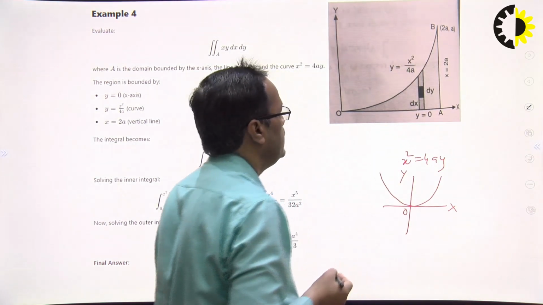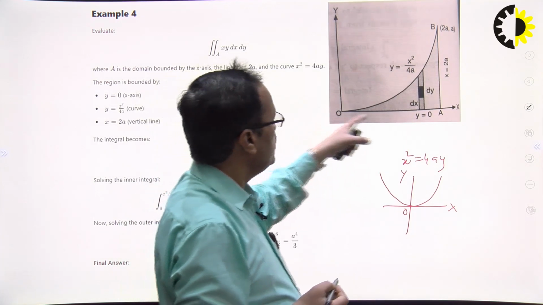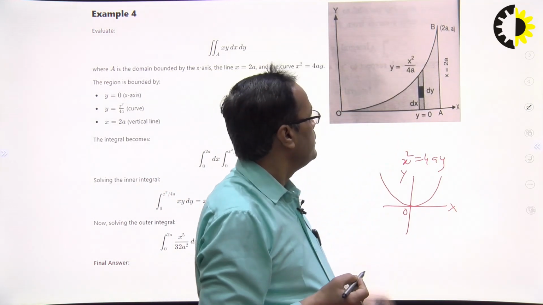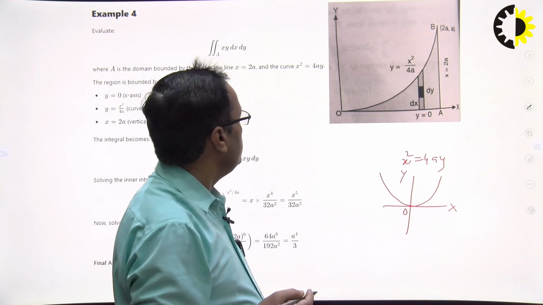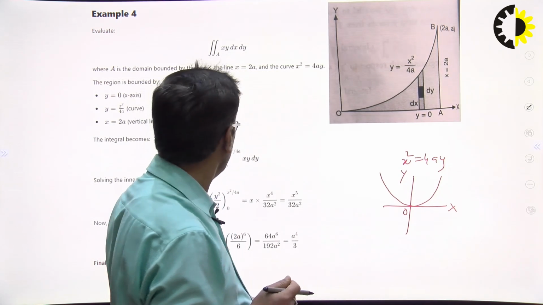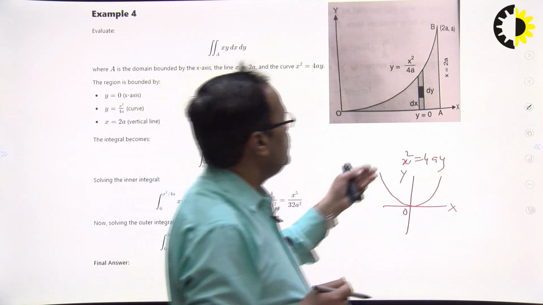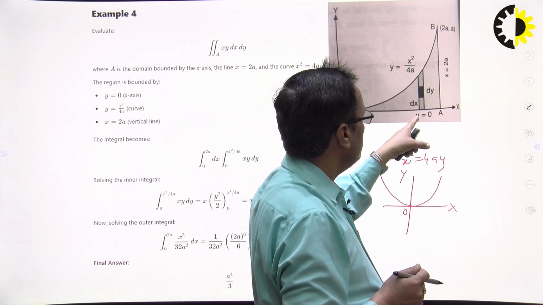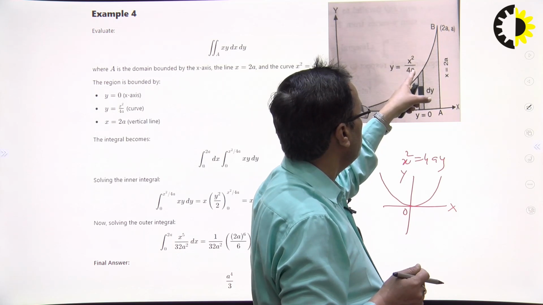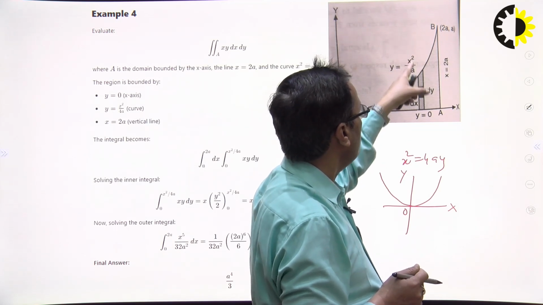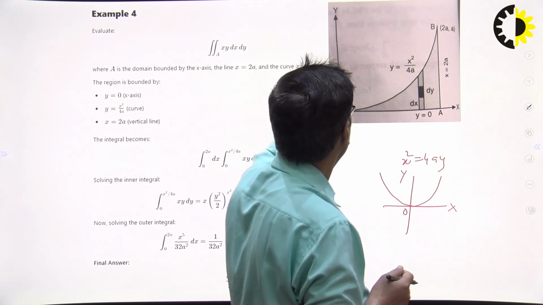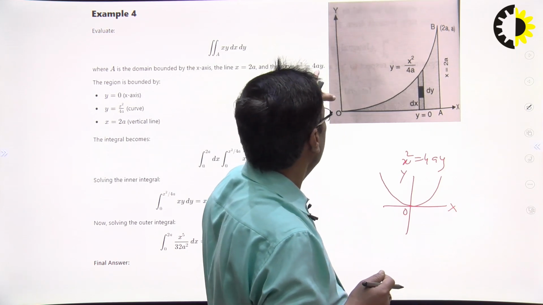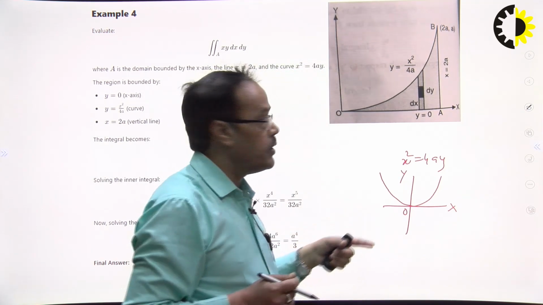The region of integration is OAB. We make a vertical strip, so y equal to 0 at the bottom and y equal to x²/4a at the top, since x² equal to 4ay gives y equal to x²/4a.